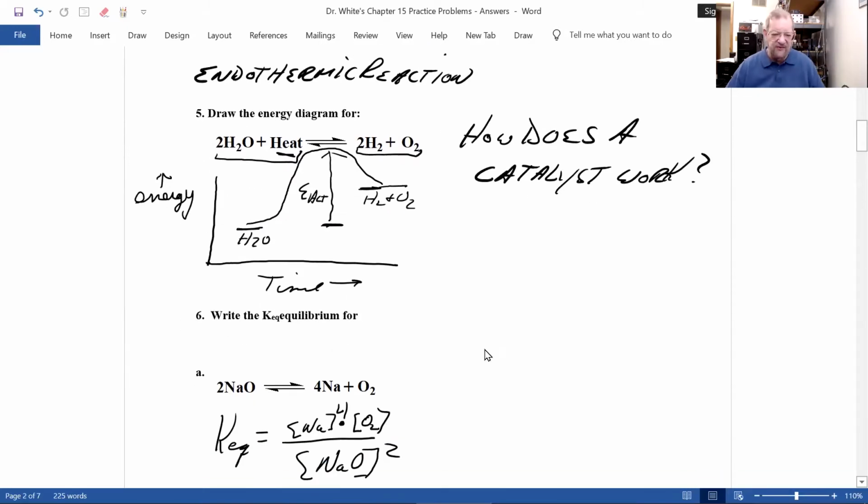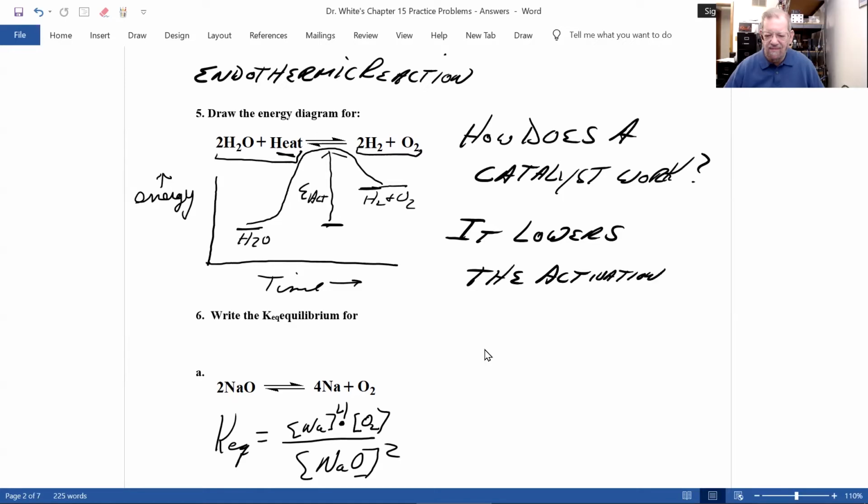And the answer is, a catalyst works by lowering the activation energy, making the hill you have to go up much lower. And because of that, the reaction will go faster because you need less activation energy.